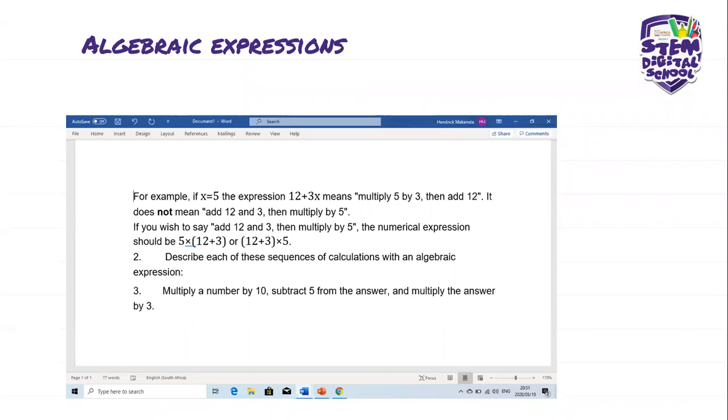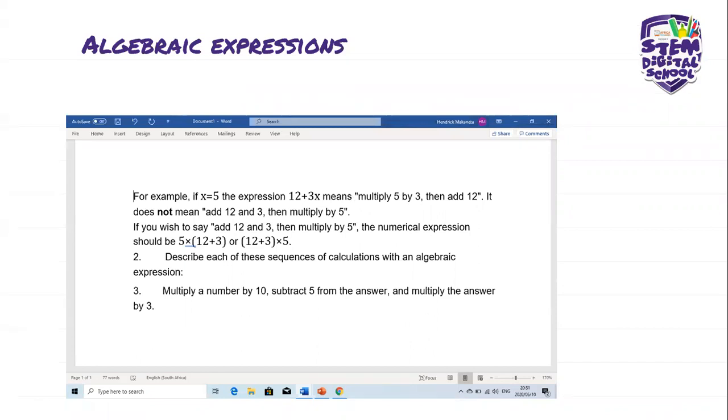So basically, you need to just substitute in this expression. If x is 5, then you multiply the 5 by 3, which gives you 15. And then you add the 12. So 15 plus 12 will give you 27.